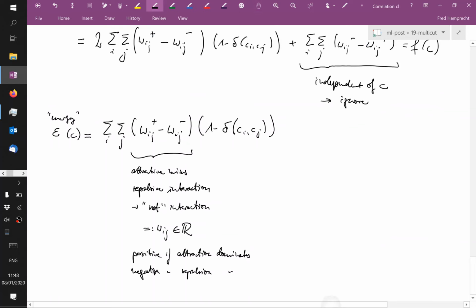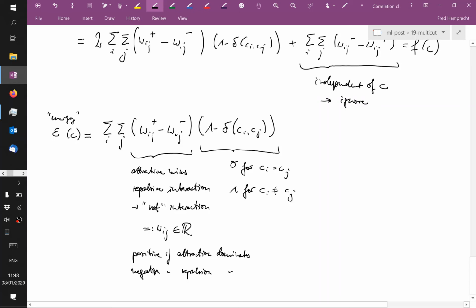All right, and up here, if Ci and Cj are the same, then the entire thing is 0. So it's 0 for Ci equals Cj, and it is 1 for Ci different from Cj.